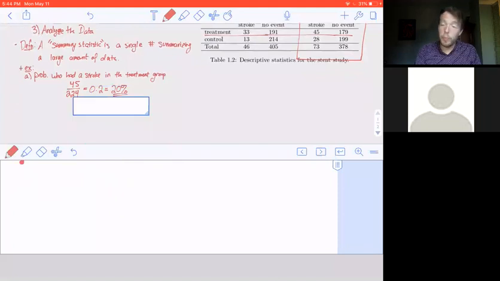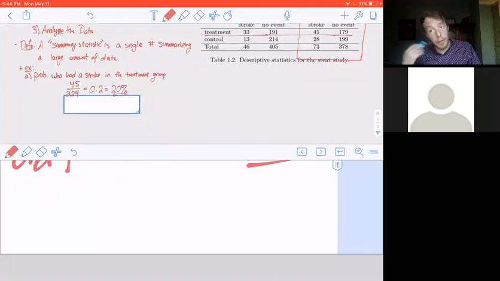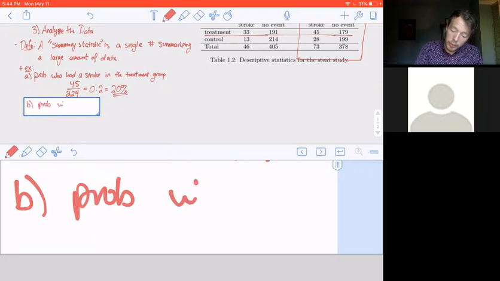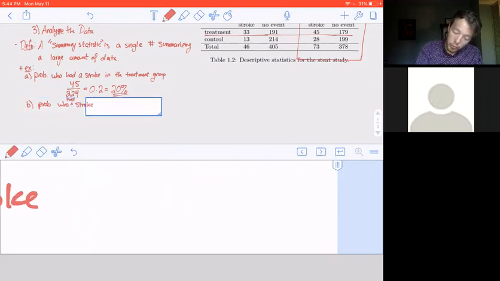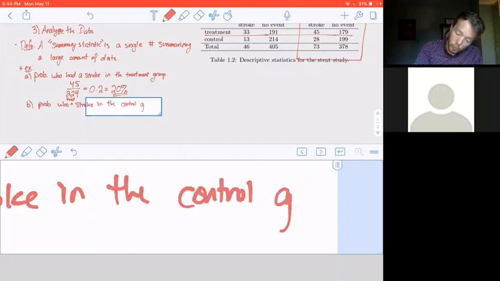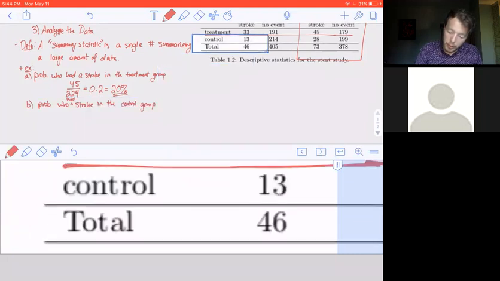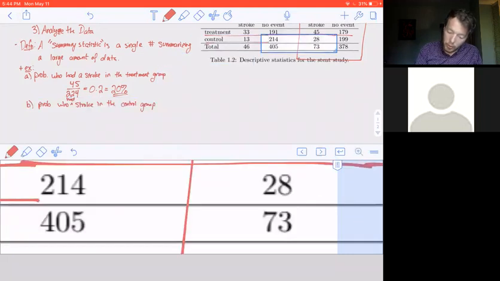You take the whole data, you boil it down to a single number, and that single number tells you something about the data. Let's look at another example. This time, the proportion who had a stroke in the control group. In this case, we're looking at the second row here.